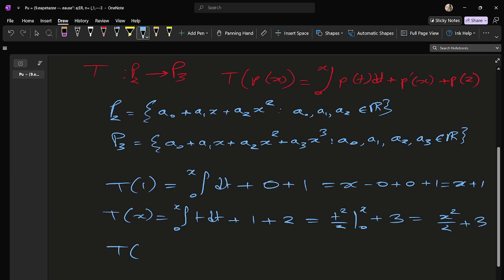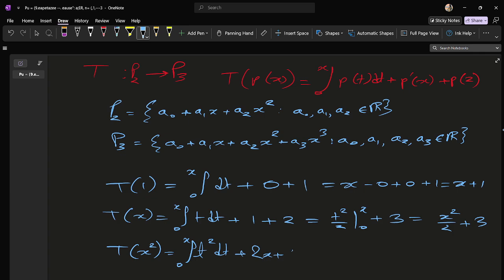Now I am going to find T of x square. By the same thing we can get this. The derivative of x square with respect to x is 2x, plus x square, and they have told me to find the P2.